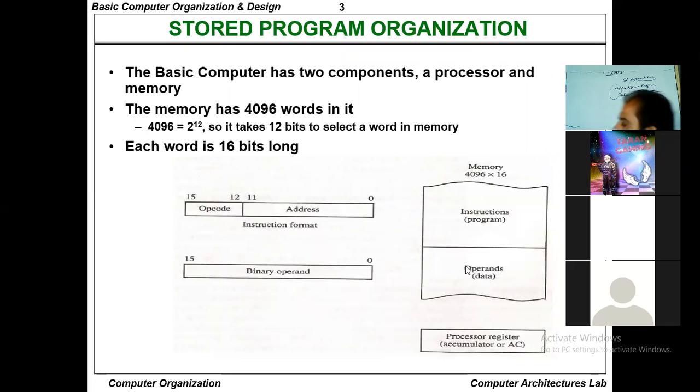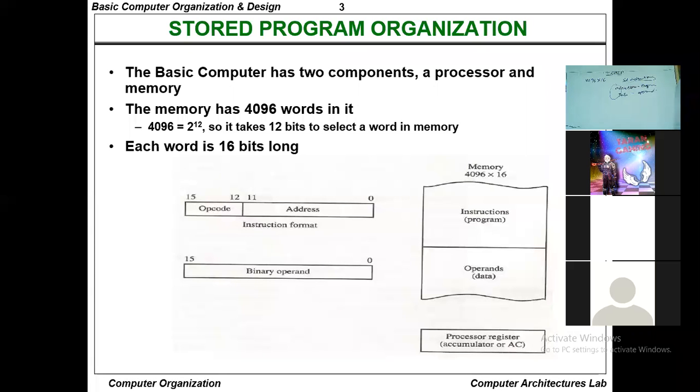Clear? And remember one thing, in computer architecture, जितनी भी हम examples लेंगे memory के related, we always use the memory of size 4096 into 16. What does it mean?